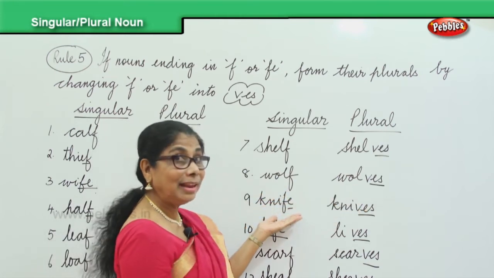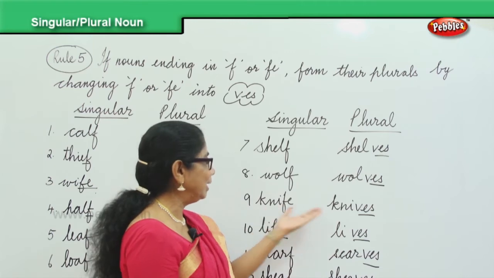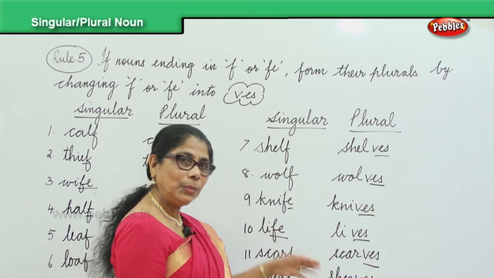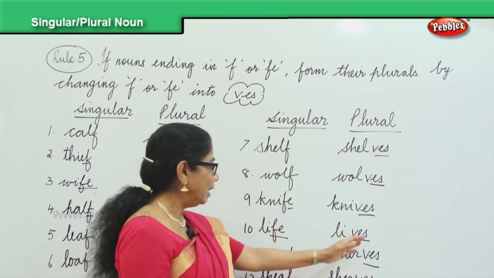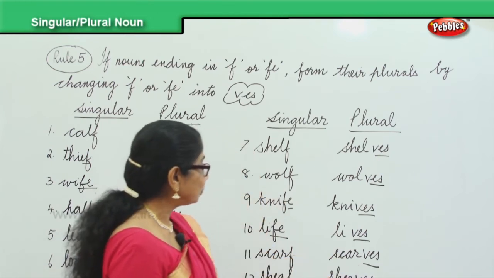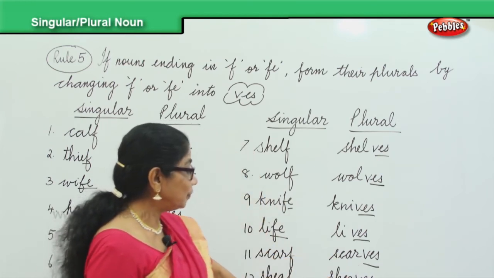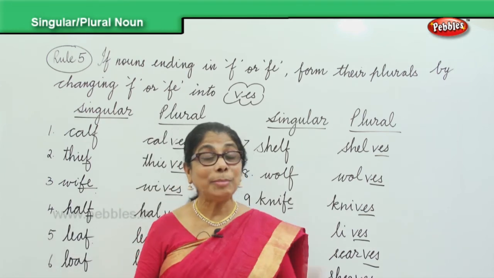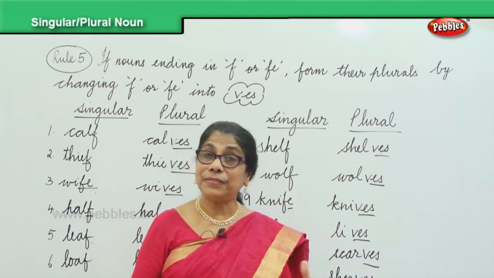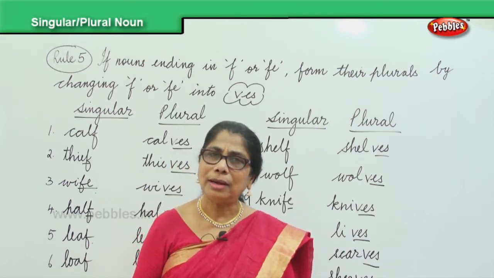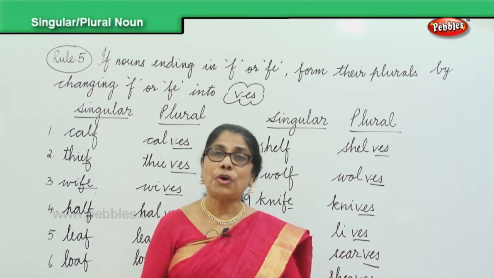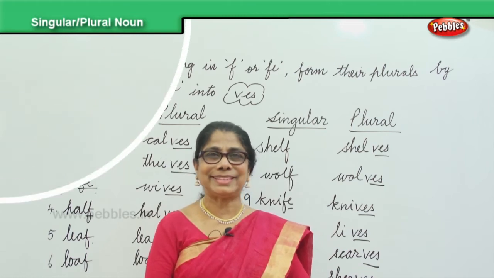Knife, look here, FE, we take away FE, knives. Life ends in FE, we take away FE, lives. Scarf, you tie it on your head, scarves. And sheaf, sheaves. The rule number 5 says nouns ending in F or FE, to form the plural, we take away F and FE and add VES.